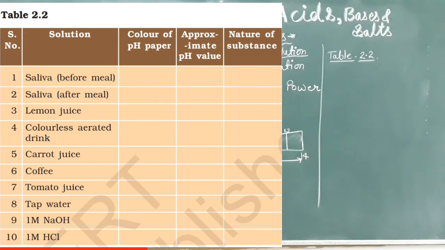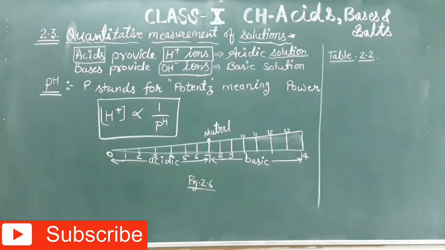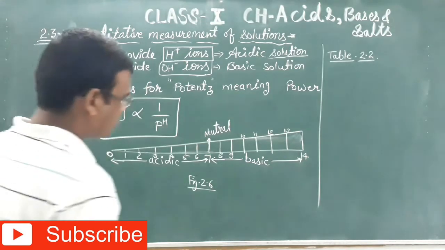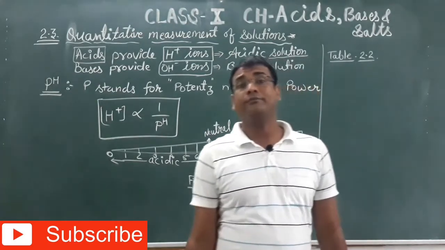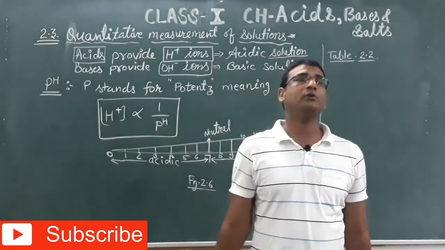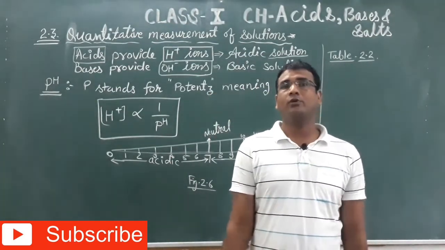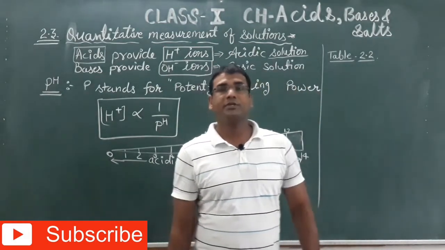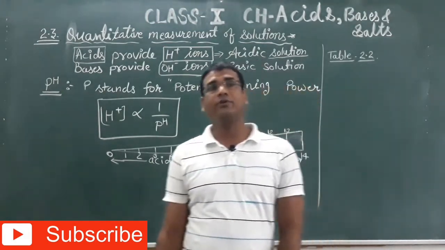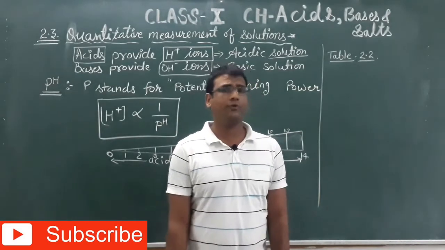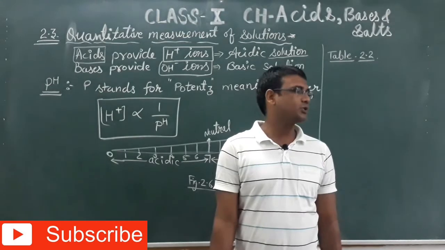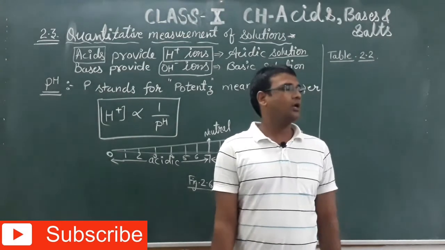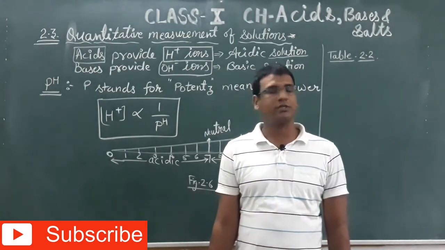That table includes saliva before meal, saliva after meal, lemon juice. Although this can be done with the help of an activity, since again the same problem, corona, you are not present here, so we cannot perform this activity for now. But once you come to the school, then we will be performing all these activities together.